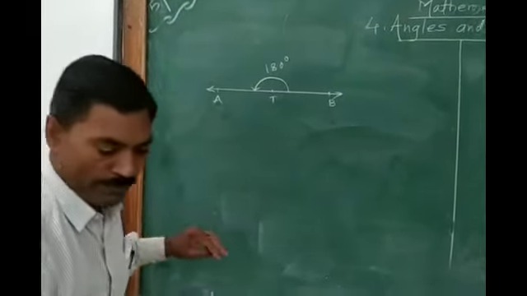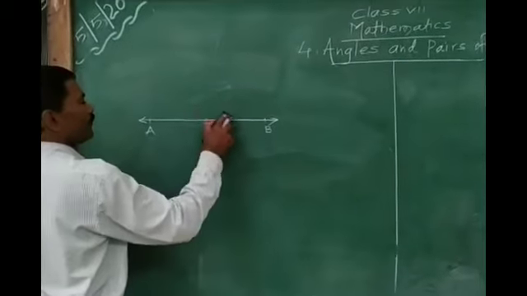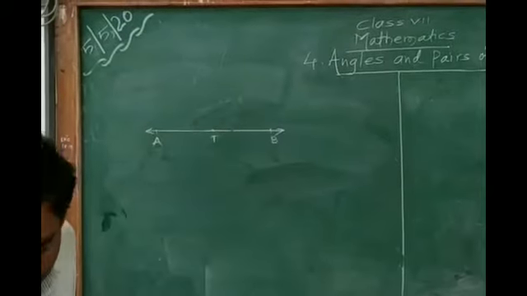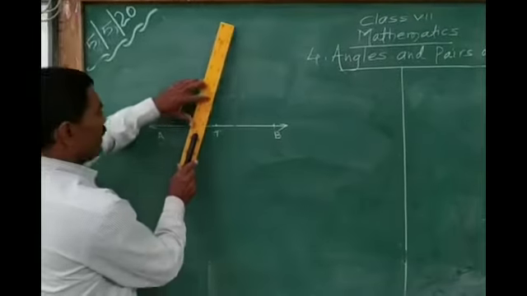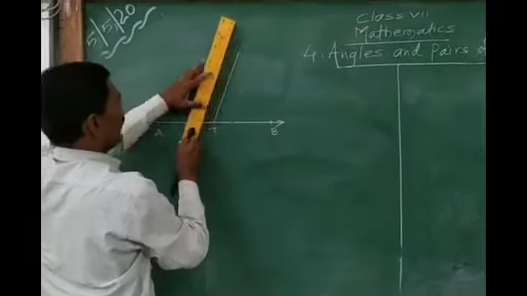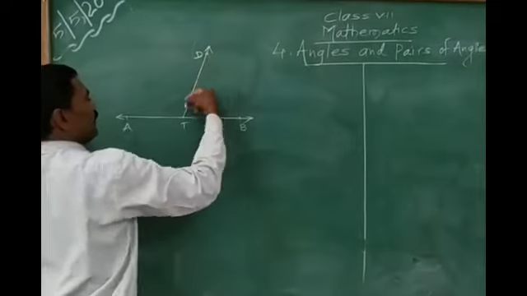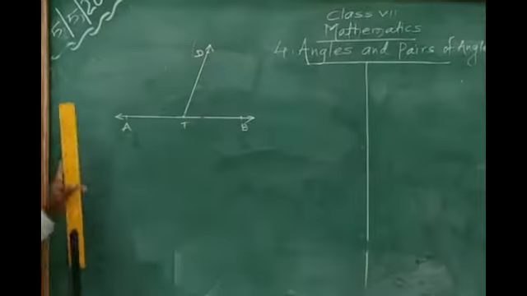Now, we are going to see a new concept from this straight angle. I am going to draw one ray here and give the name T there. TD is the ray which is drawn.